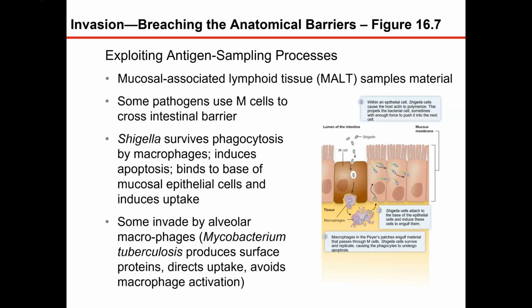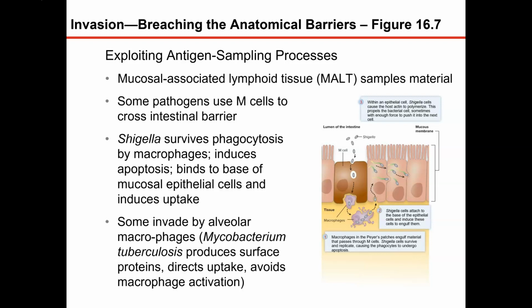And then exploiting of antigen sampling. In this mechanism, MALT, mucosal associated lymphatic tissue, which I talked about a lecture or so ago, is what samples antigens. And I told you about how this is how we produce a lot of our immune system. The gut microbes are constantly getting sampled by the MALT.